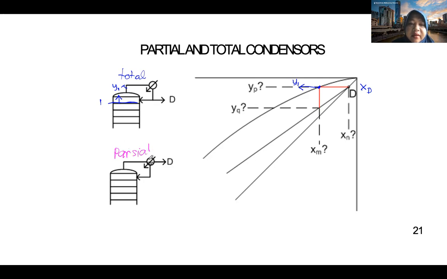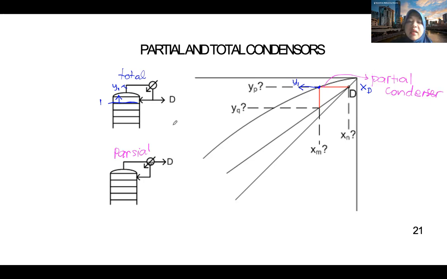In the partial condenser, the product is in vapor, usually. So in the partial one, this is going to be your condenser. This is also going to be your partial condensation. This composition would be your partial condenser.